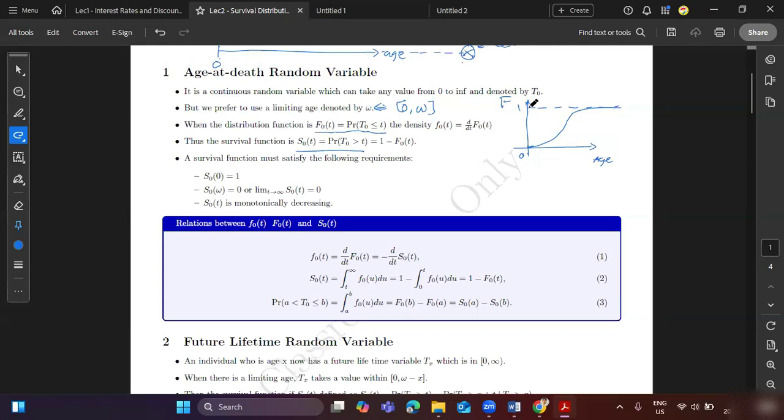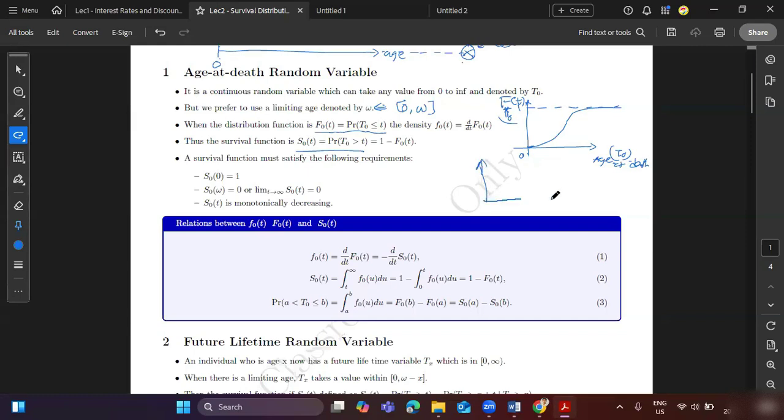But at infinity, there is a definite death, which means, here with T naught, at the maximum value of age there's a definite death where the death probability is equal to 1.